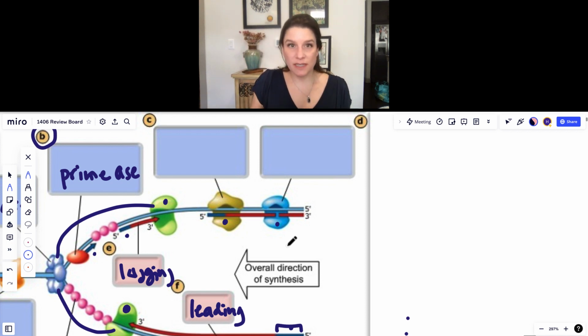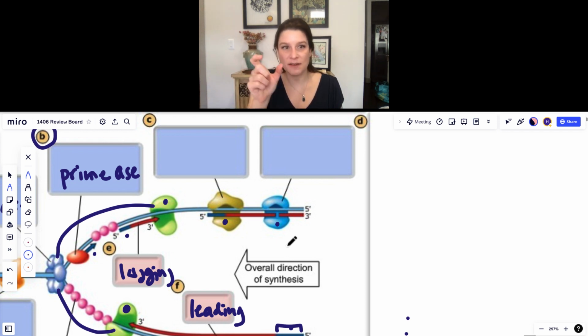So both of these are enzymes, so they're both ACEs. So two things have to happen at the end. One is that we need to get rid of the primers because we don't want RNA in our DNA, right? That'd be bad. So we have to chop out the RNA and replace it with DNA.